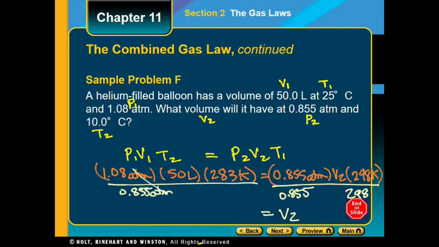Notice atmospheres cancels. And the 298, notice that your K for Kelvin cancels. And you would still multiply 1.08, 50, 283. Divide by 0.855, divide by 298, and your final answer is 60 liters. So 60 liters is your final answer. Please make sure you can get that.